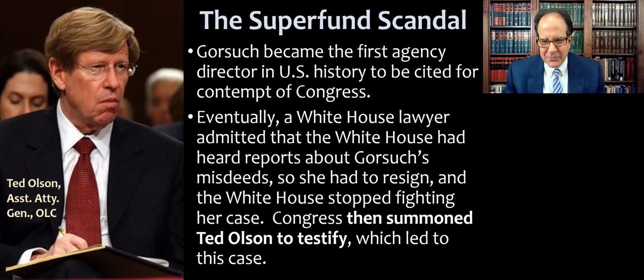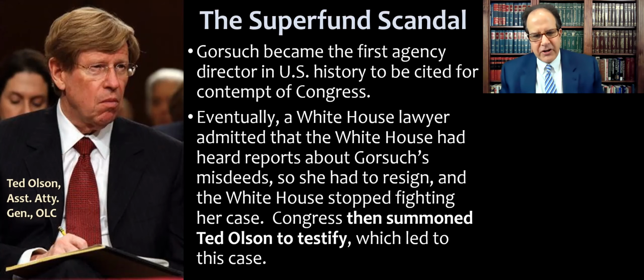And so she had to resign. I wouldn't say she resigned in disgrace, because a few months later, Reagan just appointed her to another position in another agency. So Anne Gorsuch was fine. She landed on her feet, but she was out of her job at the EPA. And so the White House basically stopped fighting her case and dropped the whole thing. There was no point in fighting it.